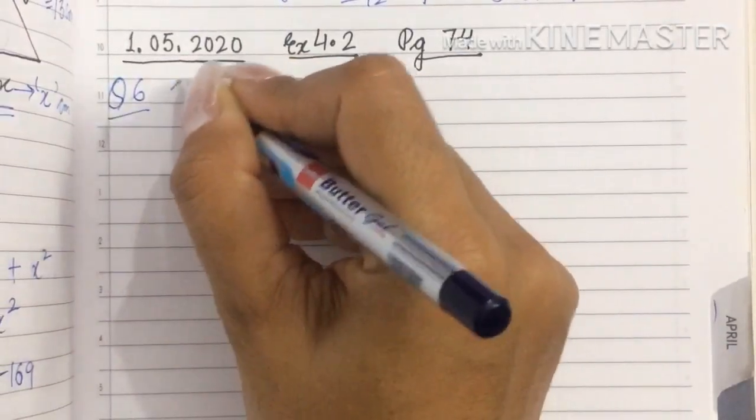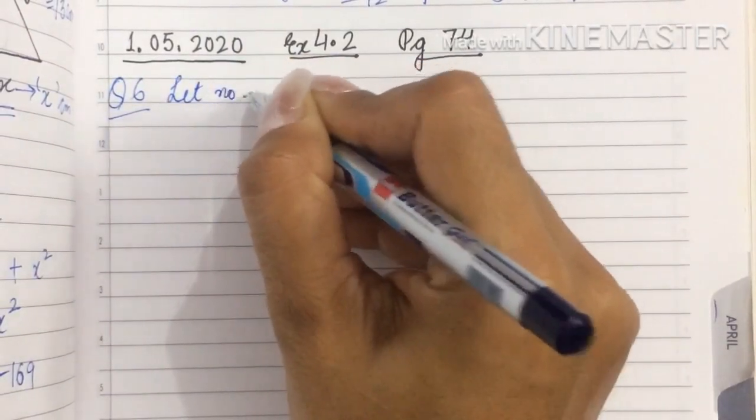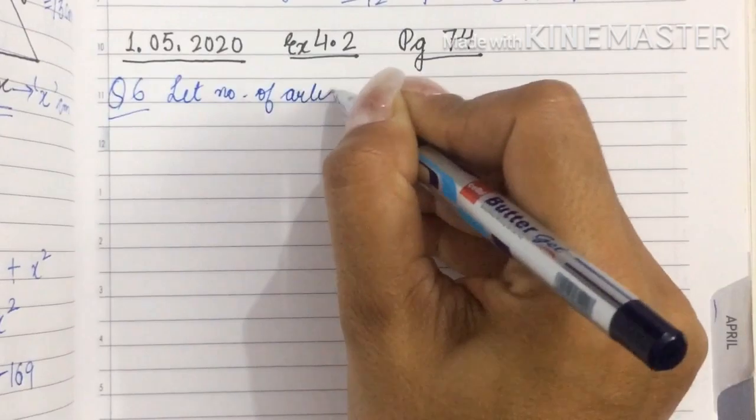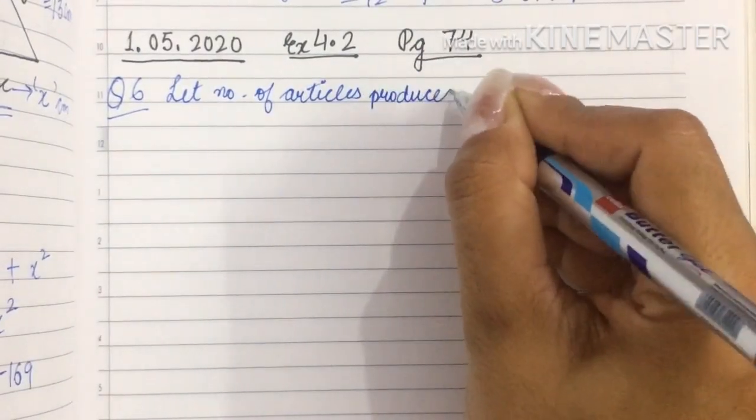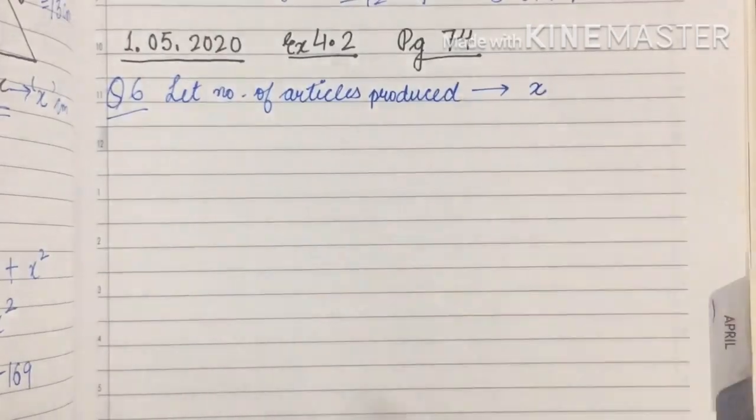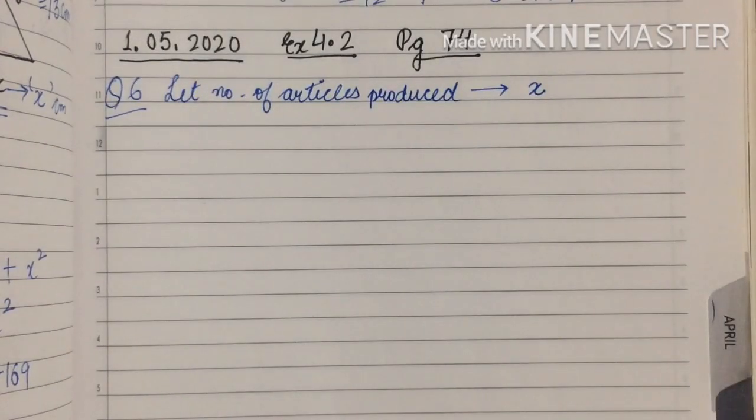Question number 6, let the number of articles produced be x, irrespective of which day it is. They're talking about just one day.